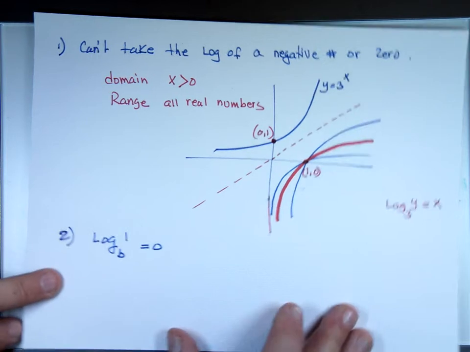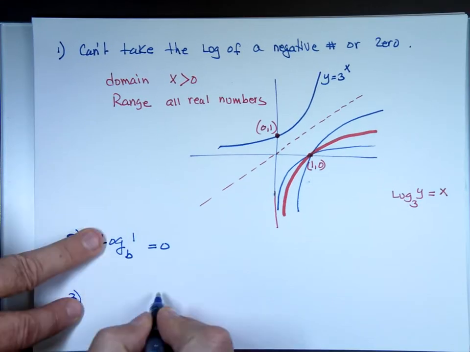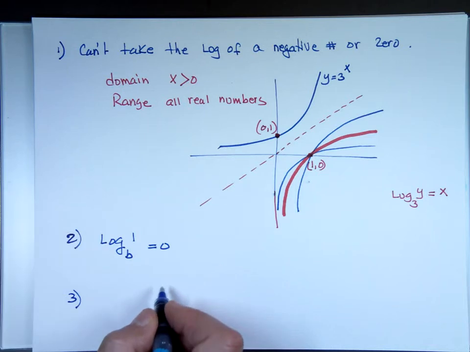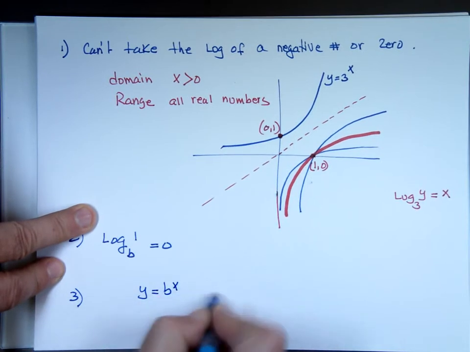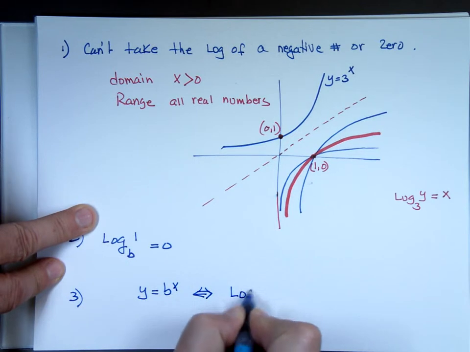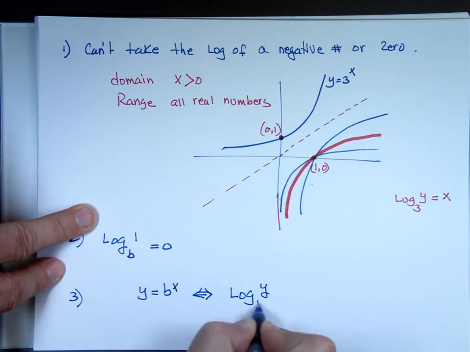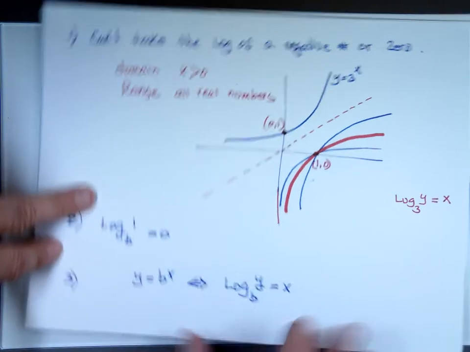And rule number 3, which we already did, said, make sure I stick with the notation in the book, if you have y equals b to the x, you can rewrite that. That goes both ways. Log y base b equals x. You can go back and forth between log and exponential.